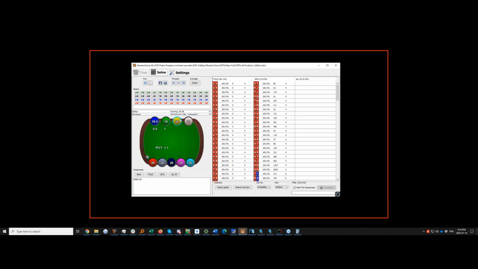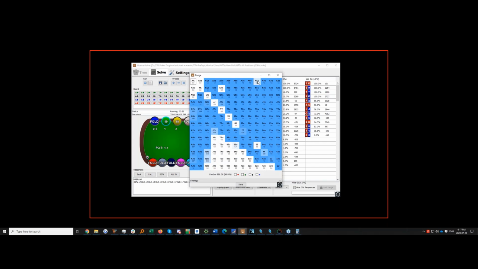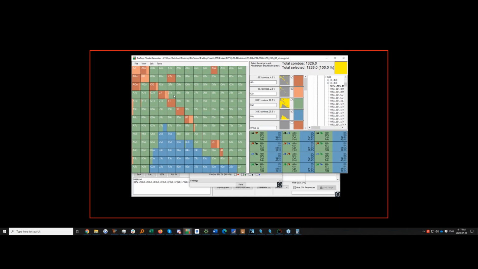So imagine the situation where under the gun raises to 2.0 big blinds, and action falls around to the big blind. According to this GTO solution, the big blind can call about 67% of hands. We can look at this in a PioSolver chart, which is probably easier to visualize.